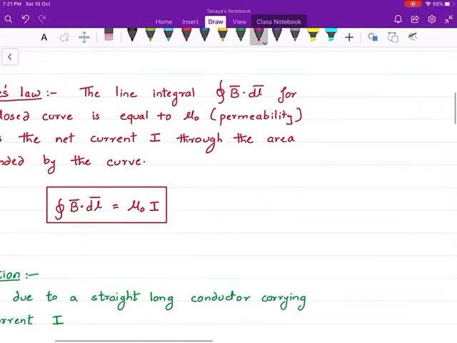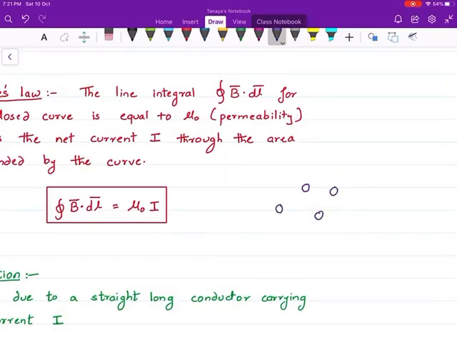Suppose we have a distribution of currents like this. I am just drawing a cross section of 4 wires which are going inside this screen. These are the 4 wires.